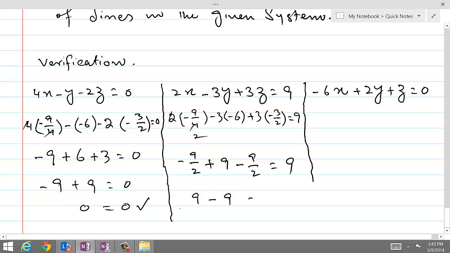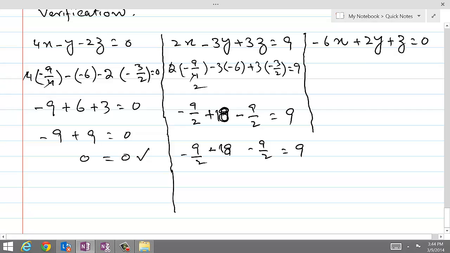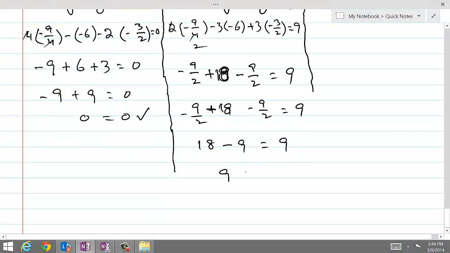So 18 minus 9 equal to 9, and this gives 9 equal to 9.